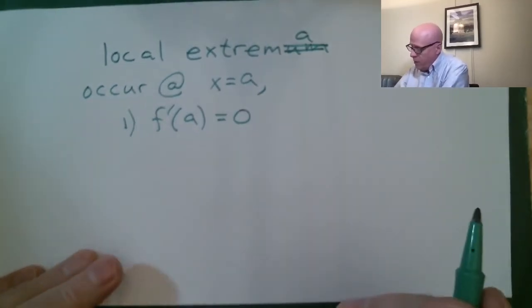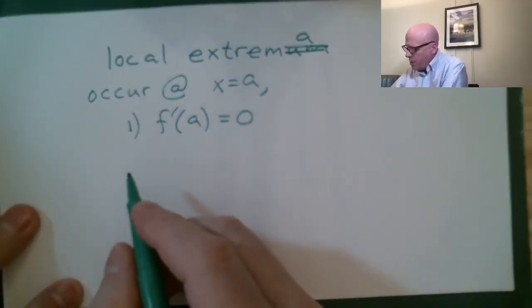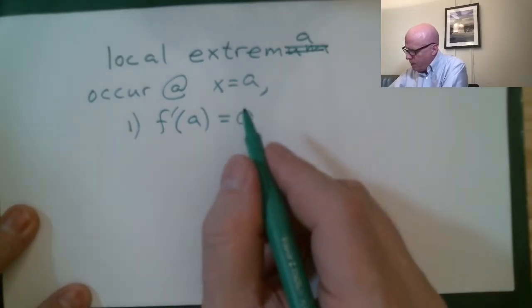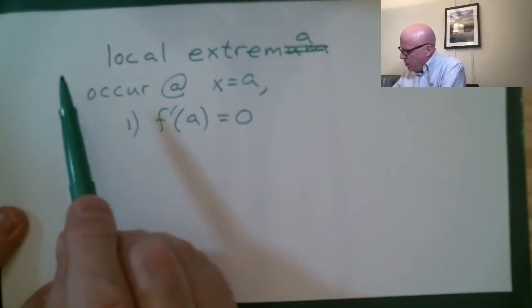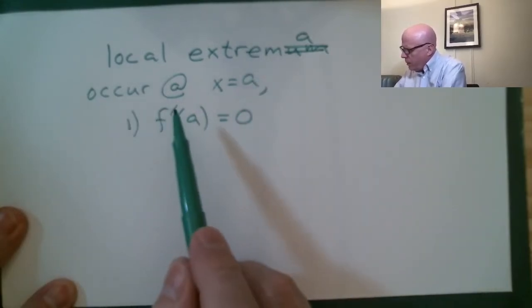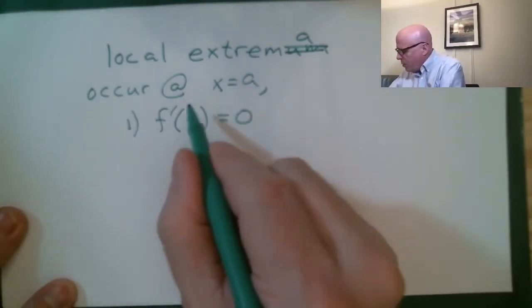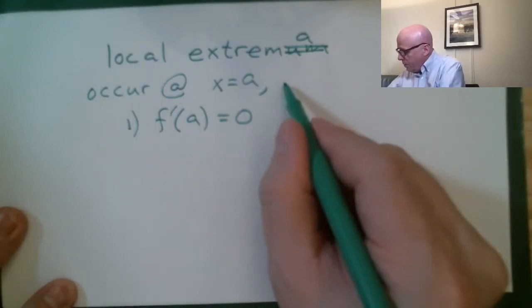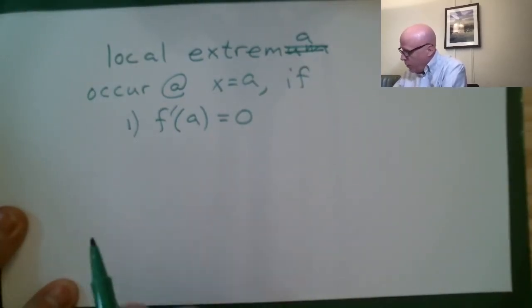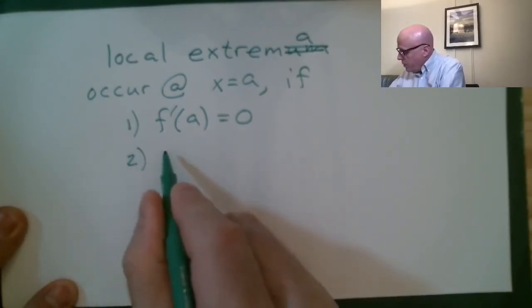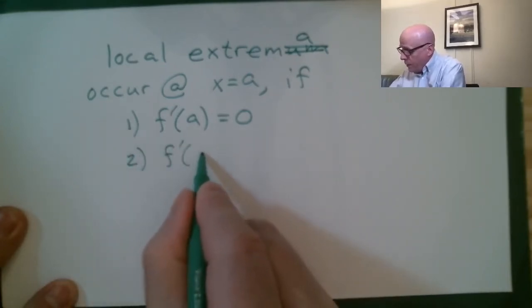That's the horizontal tangent phenomena. There's another possibility. One possibility is the derivative is 0 there. The other possibility is that the derivative is undefined there.